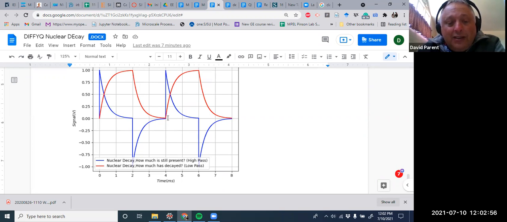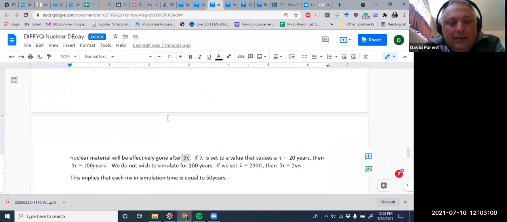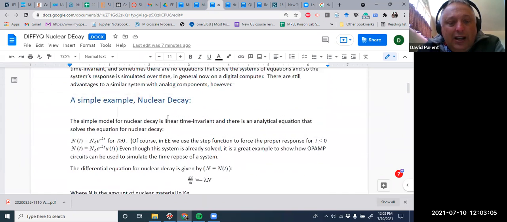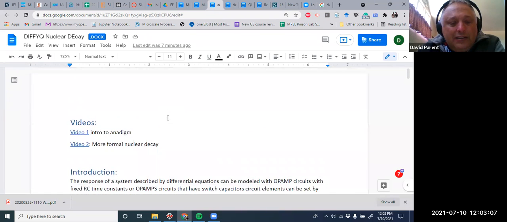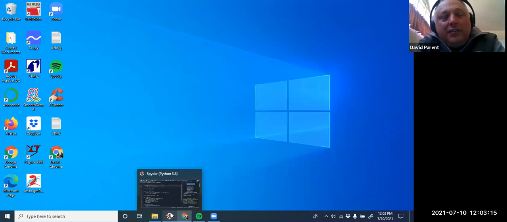So you would just ignore that. So that's kind of the simplest example of converting differential equations into an op-amp type circuit.